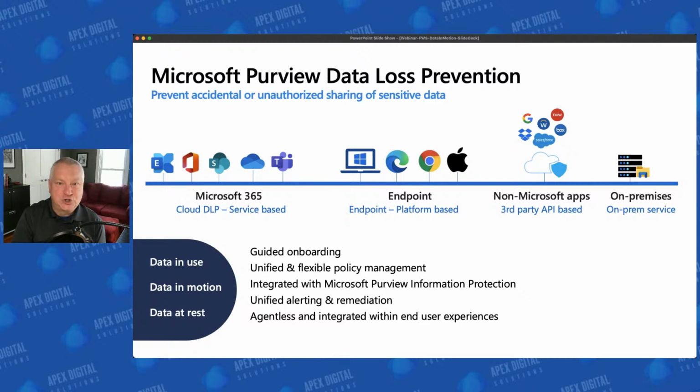How do we ensure that the policies in the manual that everybody's supposed to read are actually enforced in a meaningful way, right? And we can do this across the cloud, across endpoints, even some non-Microsoft apps. That's where the MCAS piece comes in, as well as on-premise services.